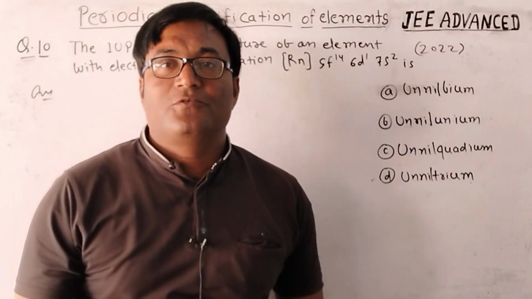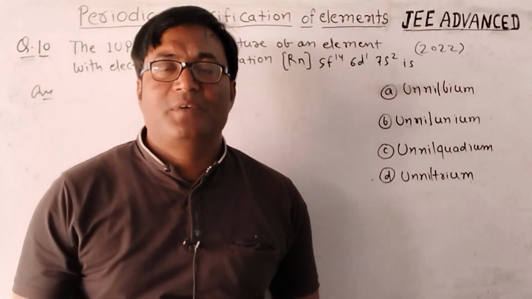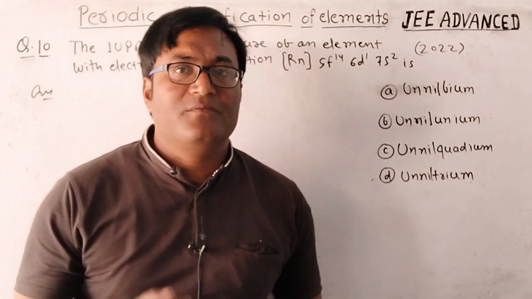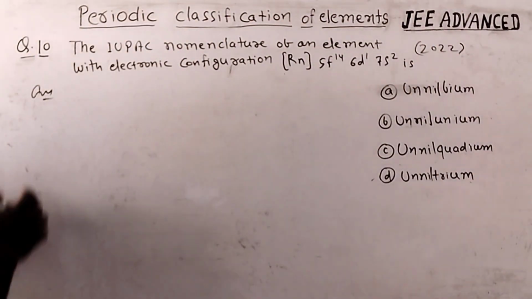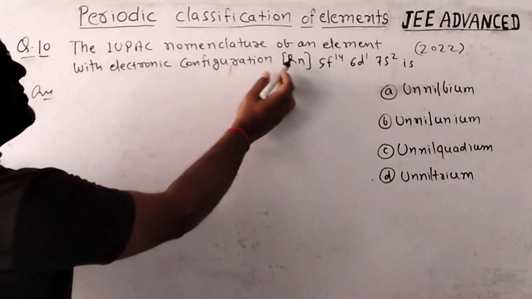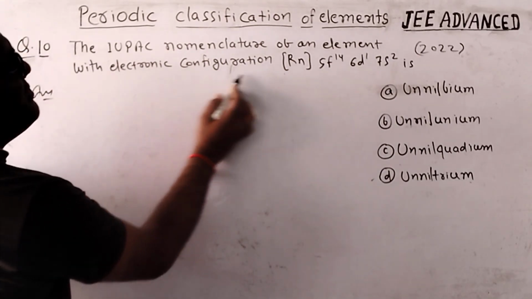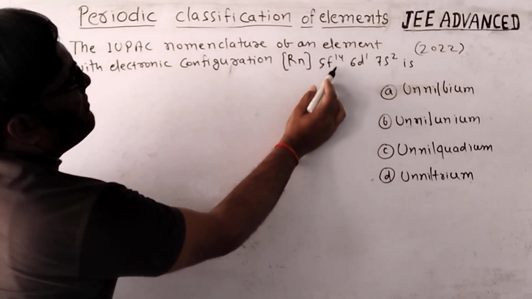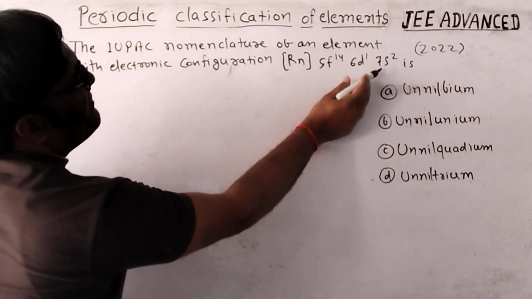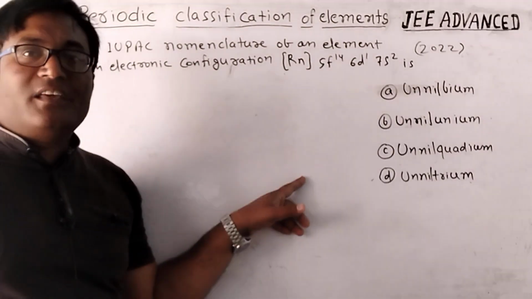Now I am going to solve question number 10. This question is based on the IUPAC nomenclature of elements. According to this question, what is the IUPAC nomenclature of the element with electronic configuration radon 5f14, 6d1, 7s2? 4 options are given.